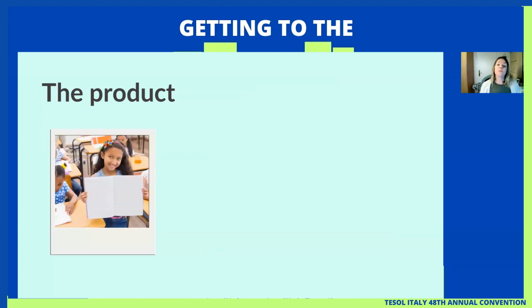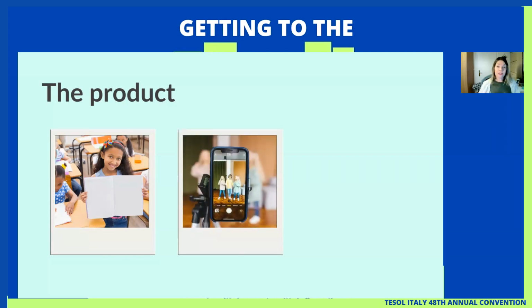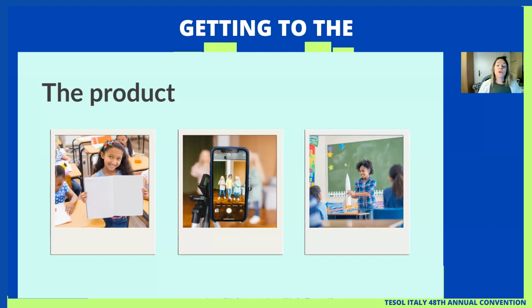So maybe students could make a poster or a mini book or a lap book, or they could make a video or do some kind of performance, or they could give a demonstration. It would really depend on the topic. You can choose the types of products that you think might work well with your topic, but having some variety, I think, allows for this difference and diversity among your students.